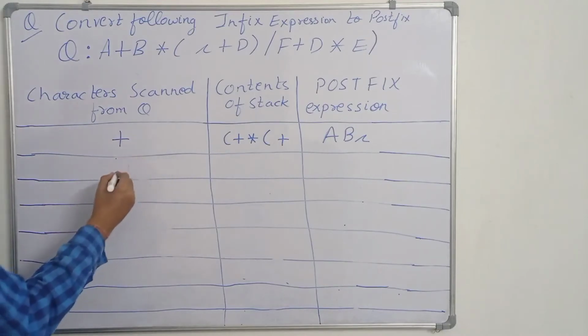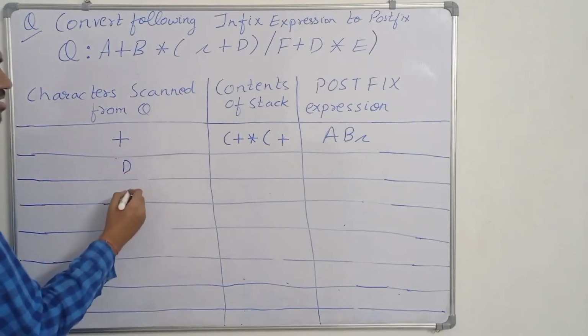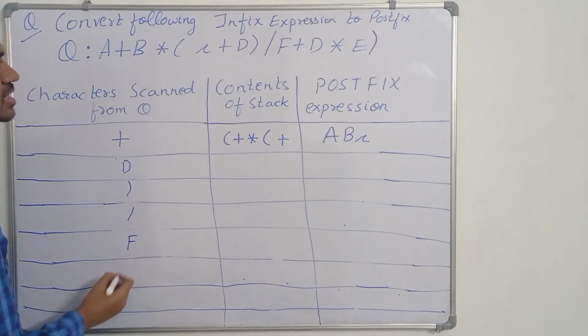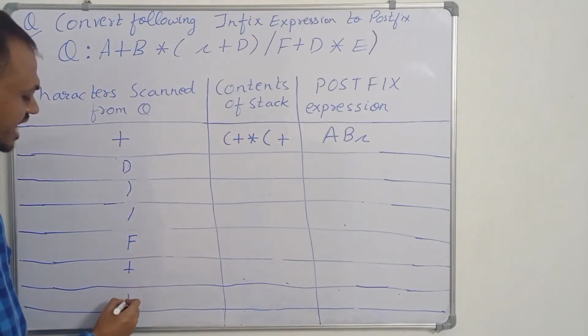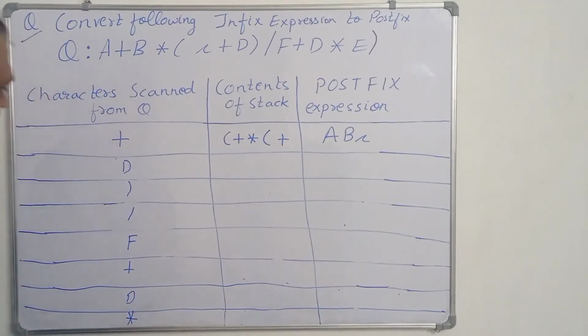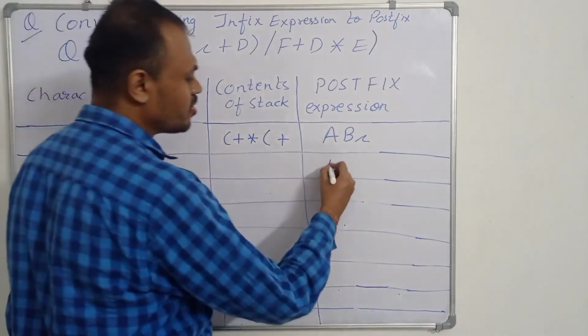So after plus there is D, then the parenthesis, then division sign, then F, then plus, then D, then star. I have space till here only, so we will continue that after we finish this. Now this D will get added to the postfix expression.